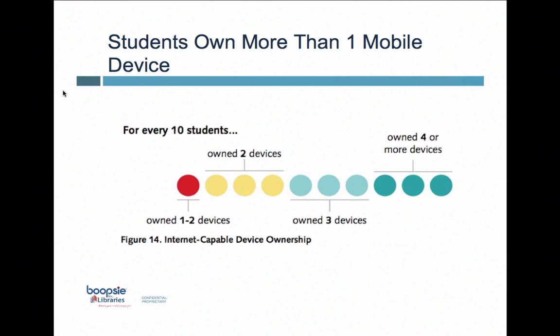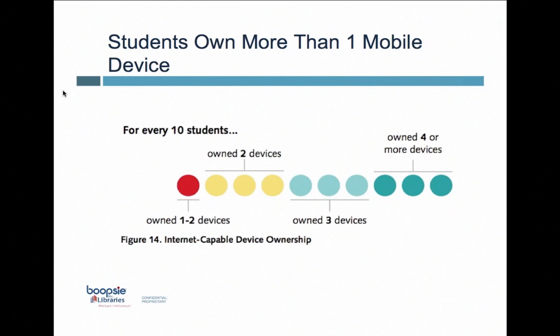And again, today students own more and more mobile devices. It's not uncommon for students to own, and I'm not a student, but I know many people that own a tablet, a smartphone, an MP3 player, a laptop, a desktop, all these different internet-capable devices.